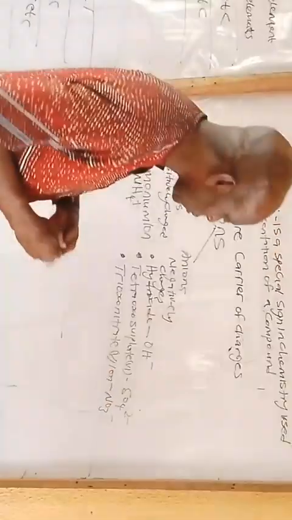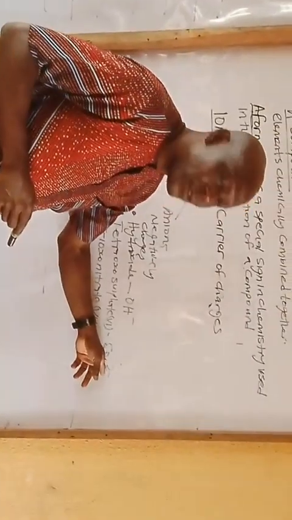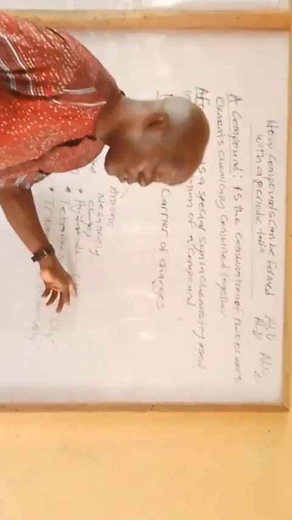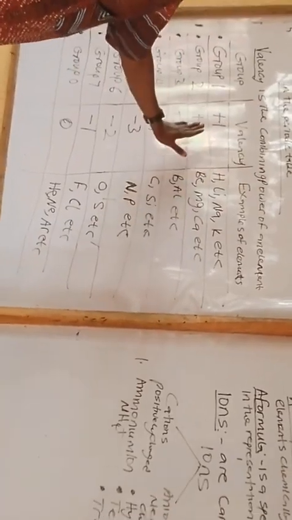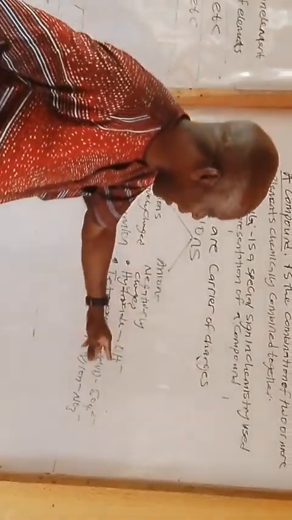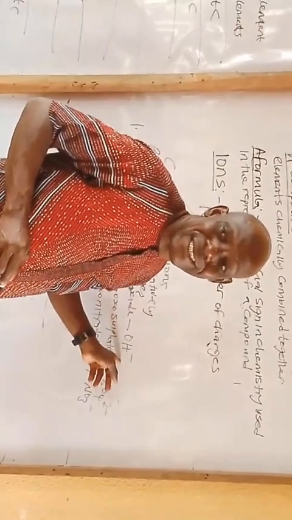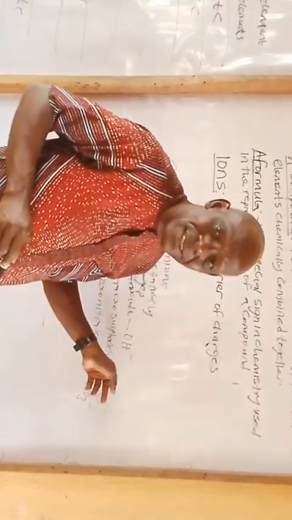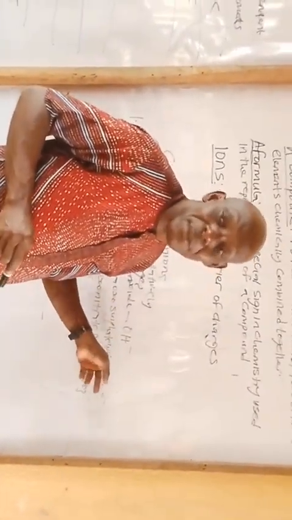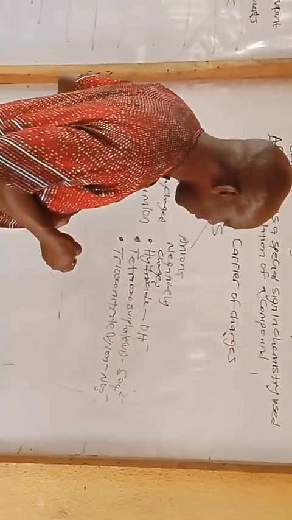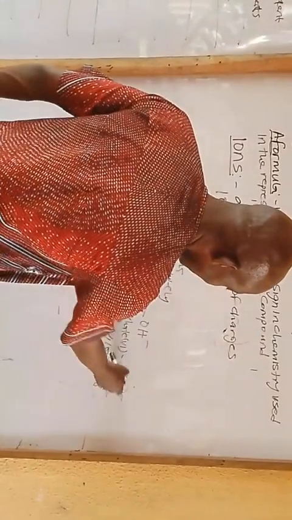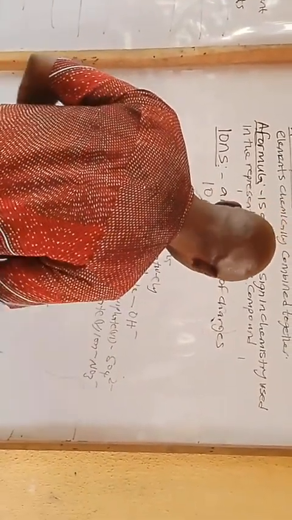That single minus or double minus is showing the valency. The valency of hydroxide is 1. Because you don't need to come this way to look at the valency. We only need this one for the periodic table. But this one you learn from the charge, the strength of the charge each of them is carrying. So for hydroxide the valency is 1. For SO4 tetraoxosulfate the valency is 2. For trioxonitrate the valency is 1.